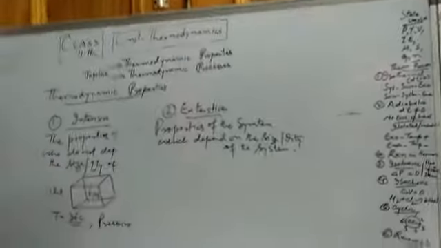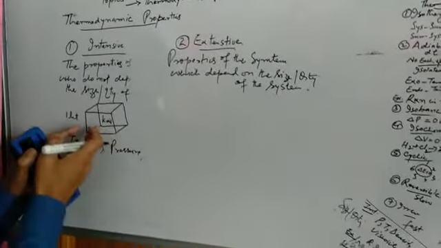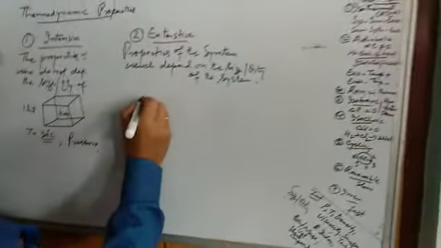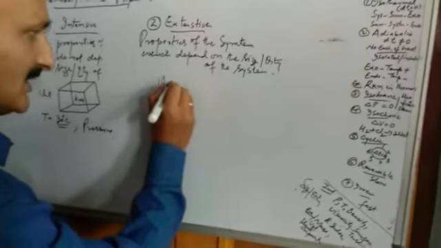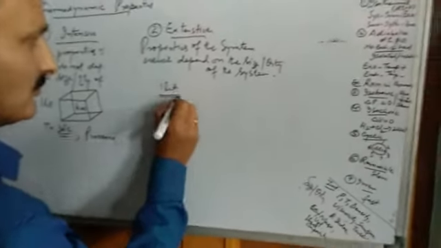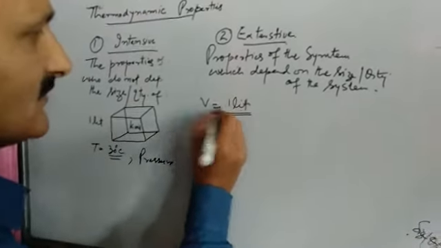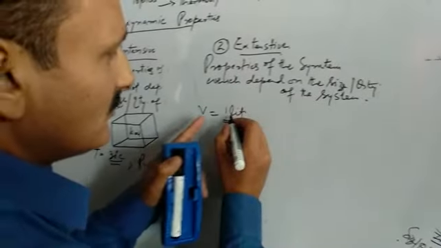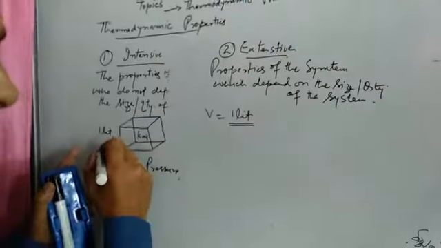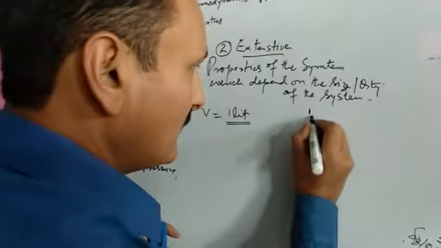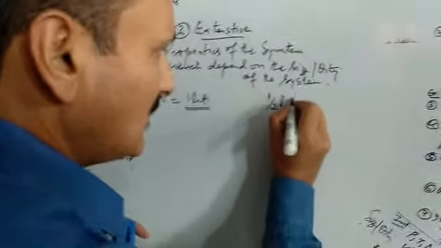For example, I take this example again. Suppose I had taken 1 liter of kerosene. So what was the volume in this case? The volume was 1 liter. Now what I do, I take 1/2 of this, that is half a liter.